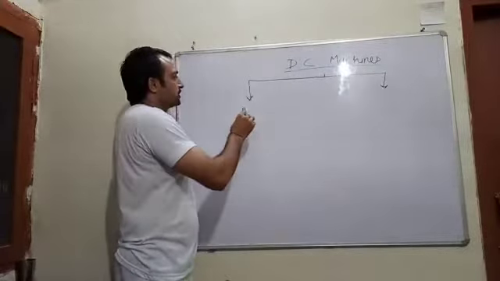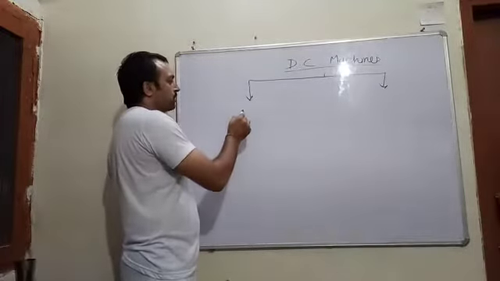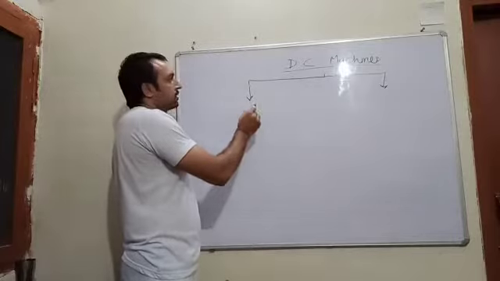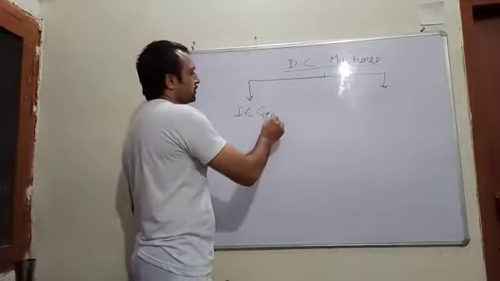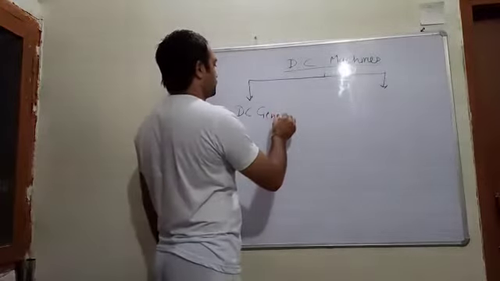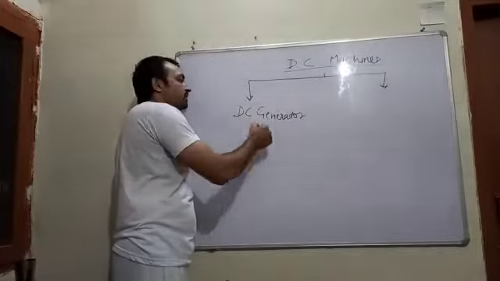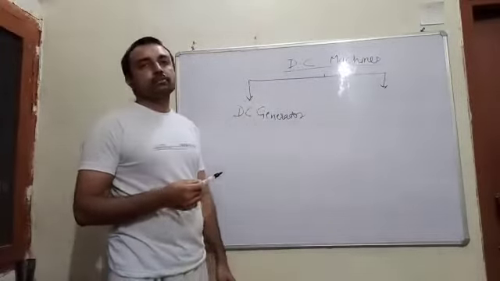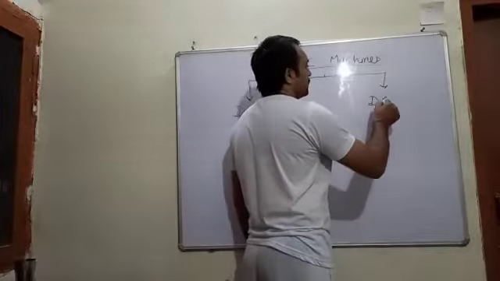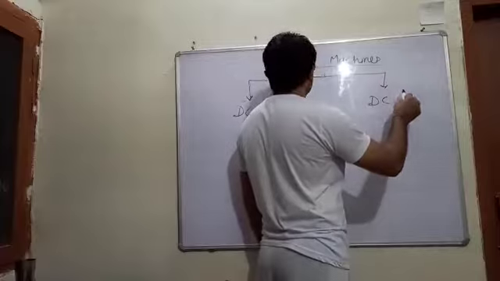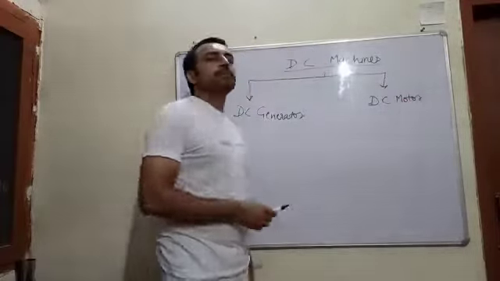The DC machine which will work as the generator, or the machine which will give us electrical power as output, will be called as DC generator. This machine will give us DC power as output, and the machine which will give us mechanical power as output will be DC motor.